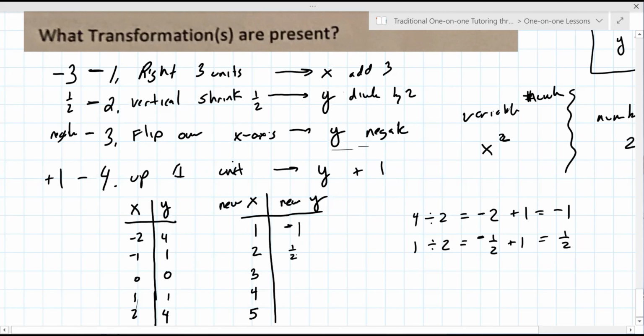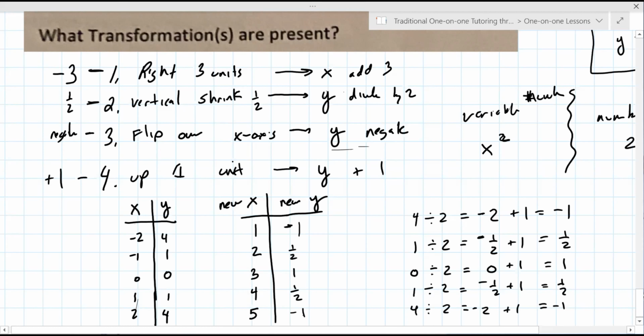You go to this 0: 0 divided by 2 is 0, negate it is 0, so just 1. Then 1 divided by 2 is 1/2, negate it, add 1, 1/2. And then 4 divided by 2 is 2, negate it, +1 is -1.